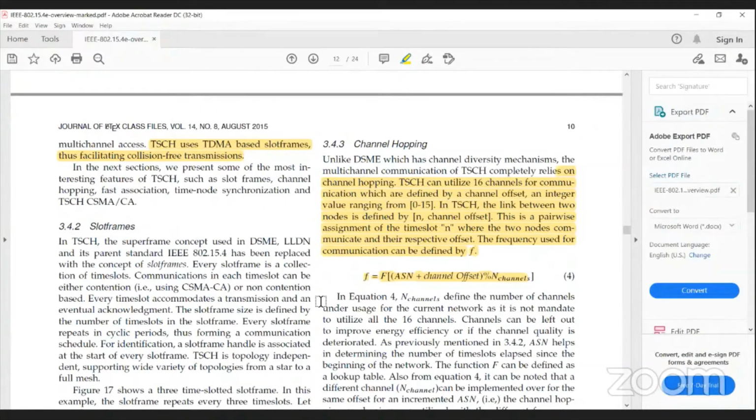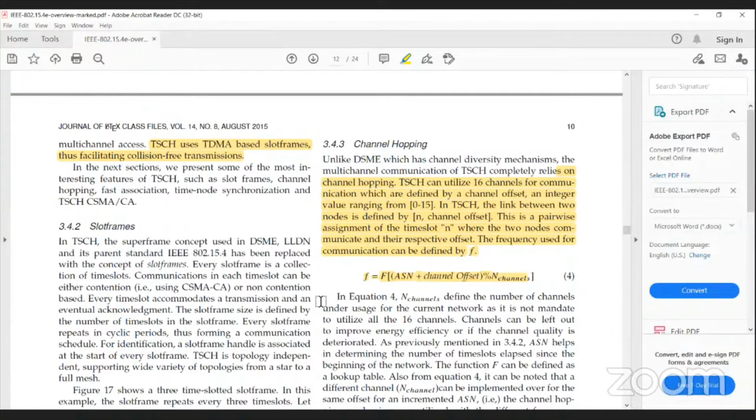So ASN is nothing but the absolute slot number, and as mentioned in the paper, it increments globally with each time slot. And the channel offset is set by us, whether it's 915 megahertz or 2.4 gigahertz. And then n channels is the number of channels we are using. So maximum we can use 16 channels, or we can restrict ourselves to 2 to 3 channels also.